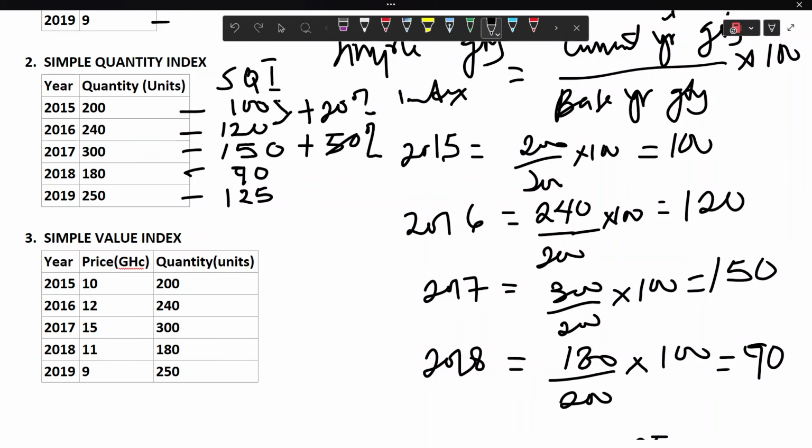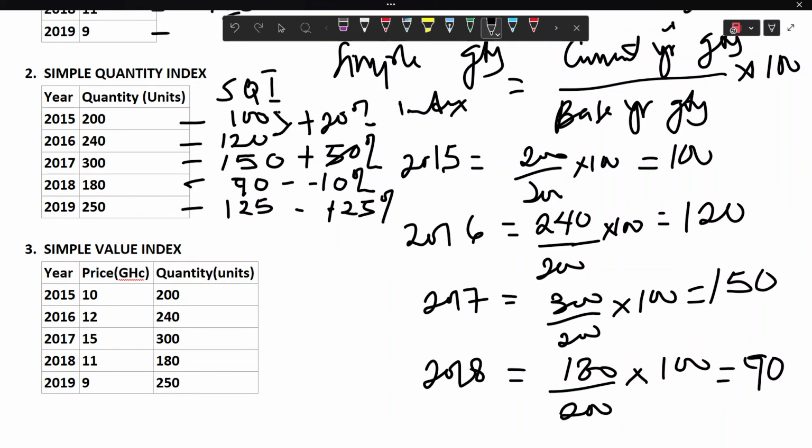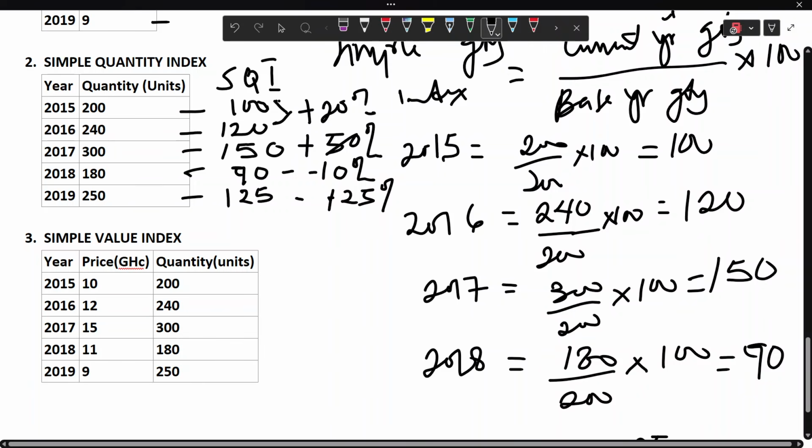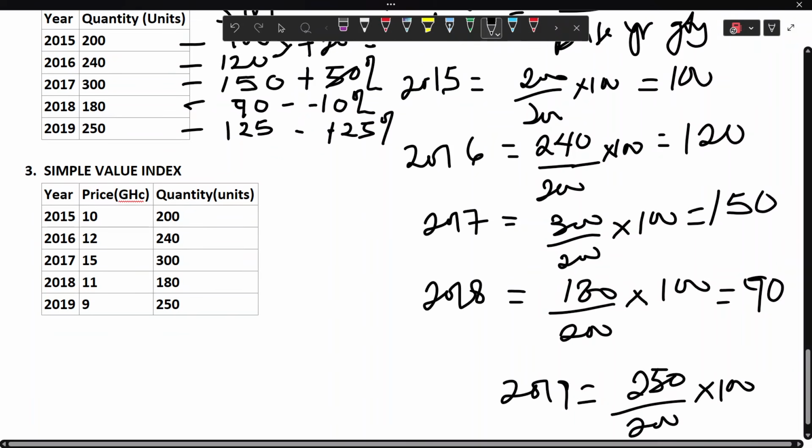Then for 2018, 90, which is below 100, so it was a decrease in quantity by 10%. Then lastly, for 2019, we have an increase of 25%. Okay, now let's solve the last one, the simple value index.